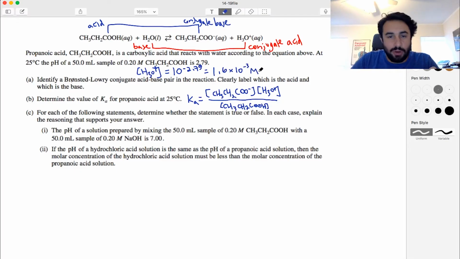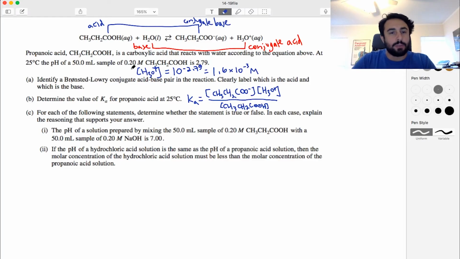Now, what we need to understand is that that is also going to be the concentration of the conjugate base of propanoic acid, because every time propanoic acid deprotonates, every time it gives a proton to a water molecule to get hydronium, it becomes its conjugate base. This is all 1 to 1 to 1 to 1, right? So for every hydronium, there is also one conjugate base. So this is the concentration for both of these.